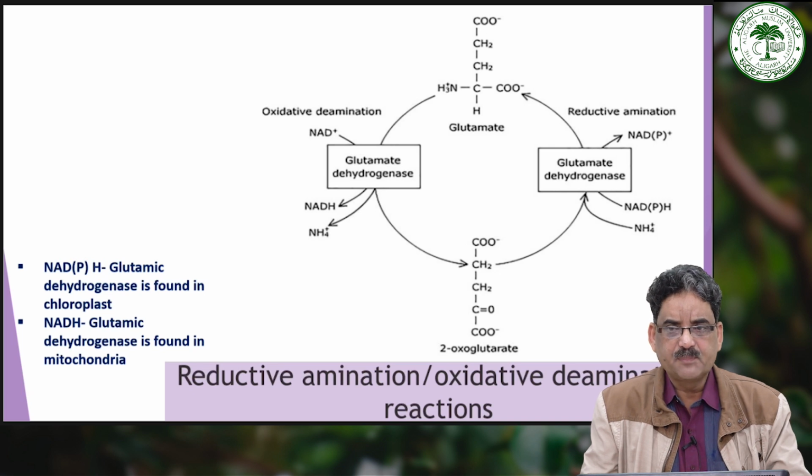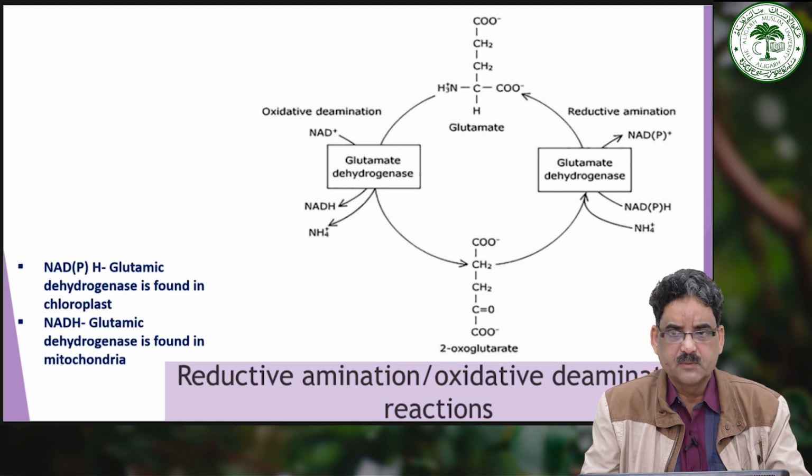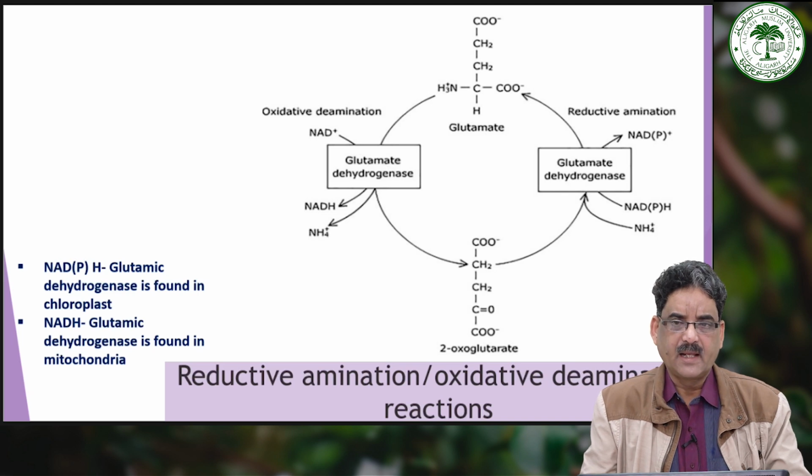Importantly, this process results in the generation of reducing power, where NAD plus or NADP plus is reduced to NADH or NADPH. The newly formed reduced coenzyme can then be utilized in various metabolic pathways to provide energy or serve as electron carriers in other redox reactions.